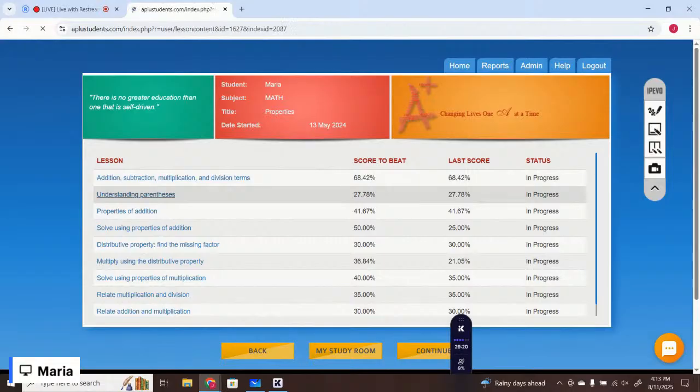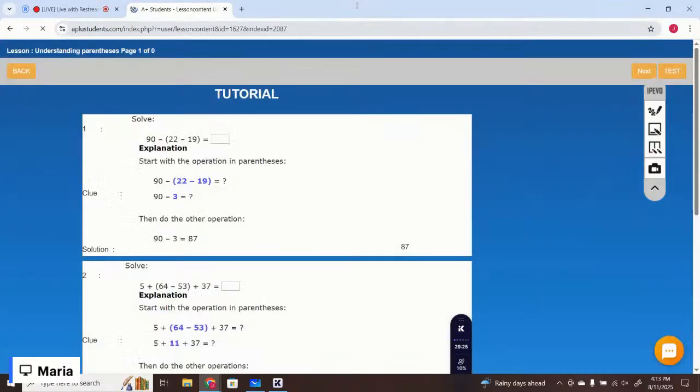So let's just start with the lesson. Solve 90 minus 22 minus 19.